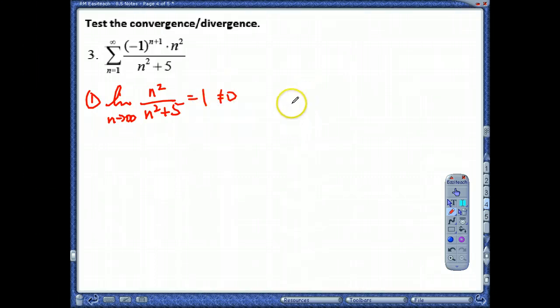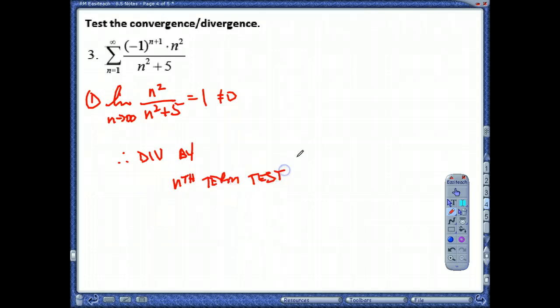Okay, so it doesn't equal 0. This series right here, okay, falls under that nth term test, so it diverges. Okay, now we can't just go right to it. We do have to state another test that will work.